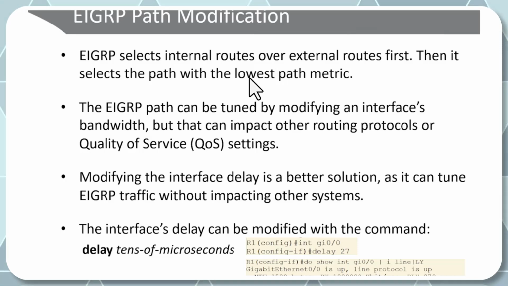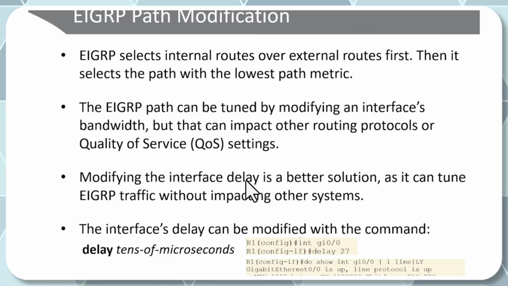EIGRP path can be tuned by modifying an interface bandwidth, but this can impact other features like quality of service. So if you change the bandwidth by command, then you can change the path of the packet, but it is not recommended. Why? It will impact your QoS settings.